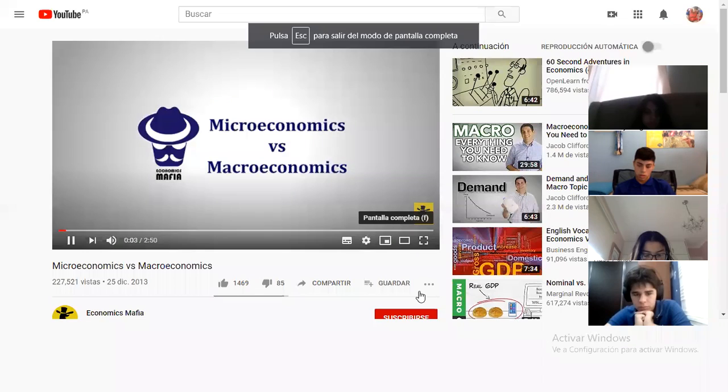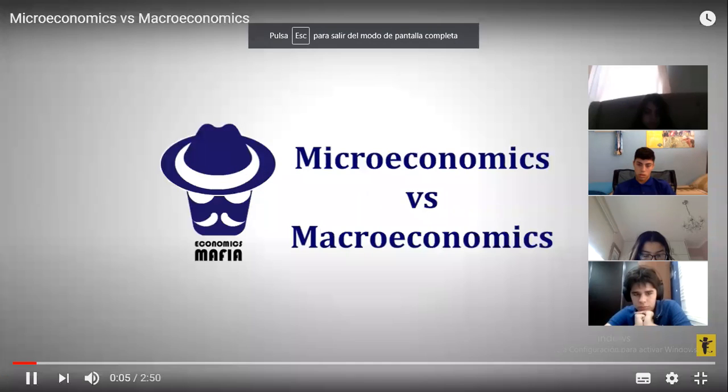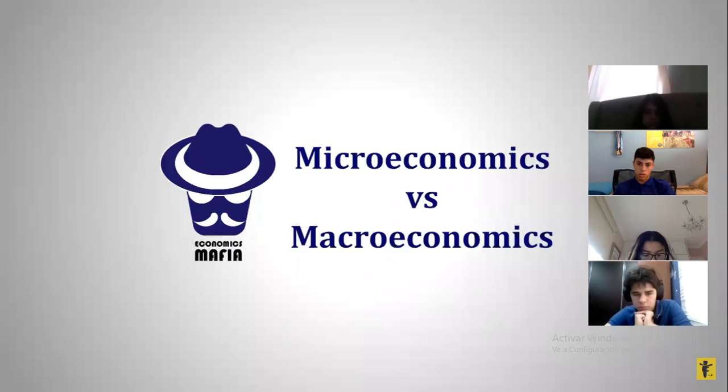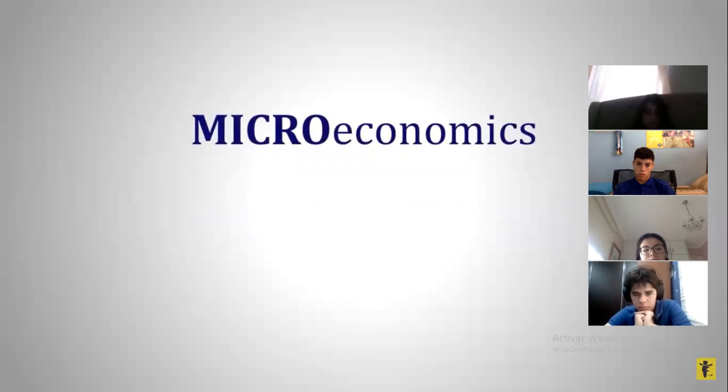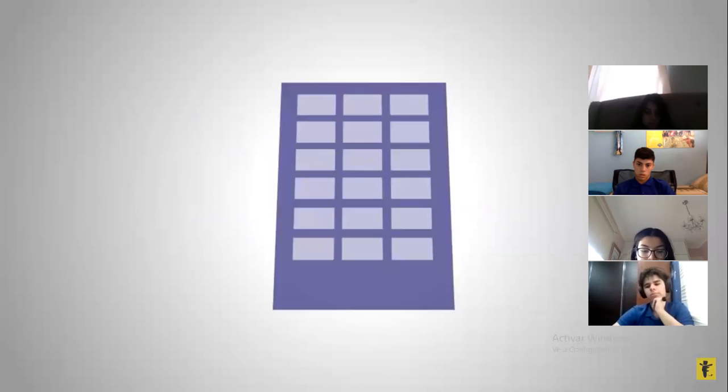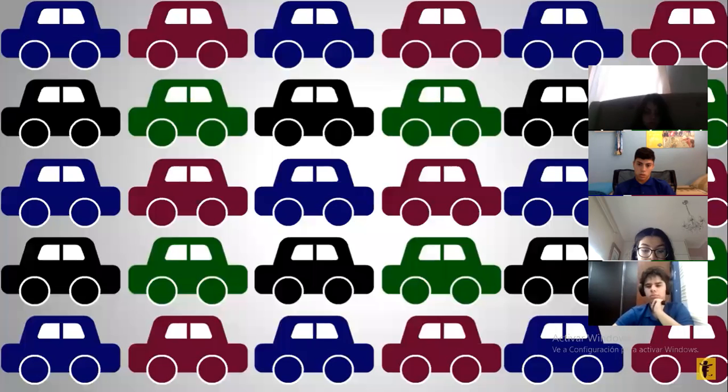Microeconomics versus macroeconomics. The study of economics is divided into two major branches, microeconomics and macroeconomics. Microeconomics comes from the Greek word mikros, meaning small. Microeconomics deals with the behavior of individual actors in the economy. It can mean one consumer, one household, one firm, or even one industry.